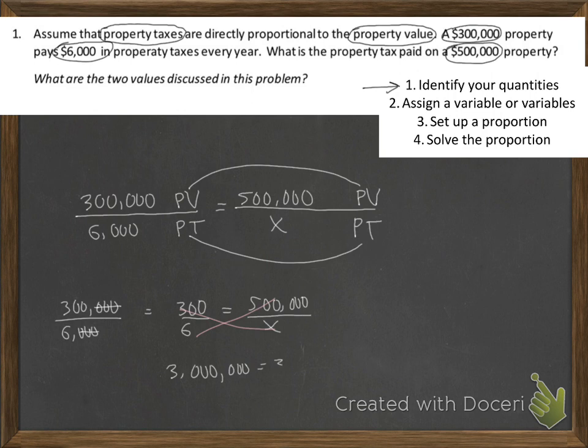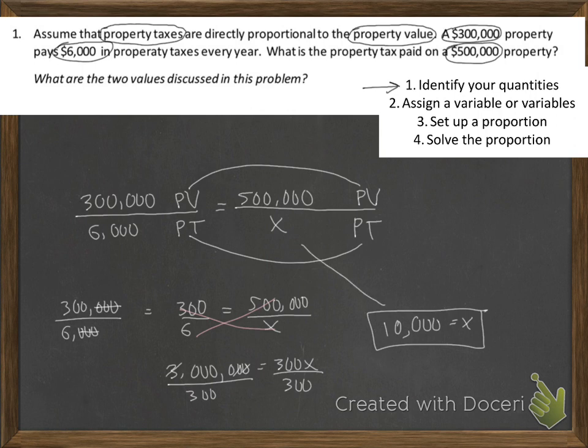So we have 3 million equals 300x. Divide by 300, divide by 300. We cross out the zeros, and we end up with $10,000 in property taxes.